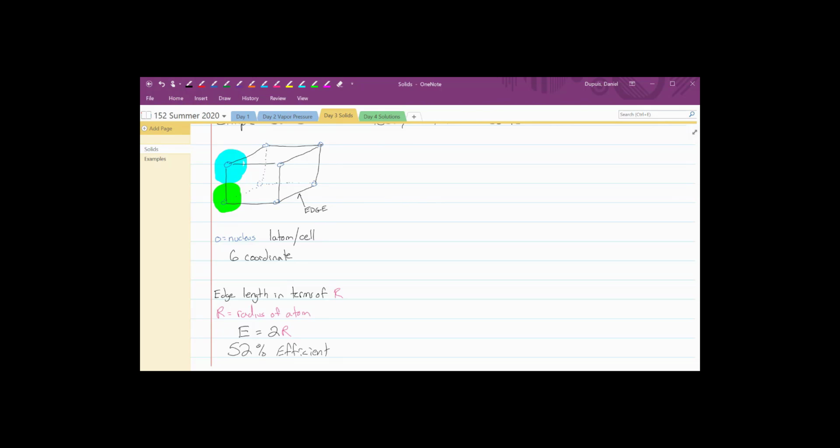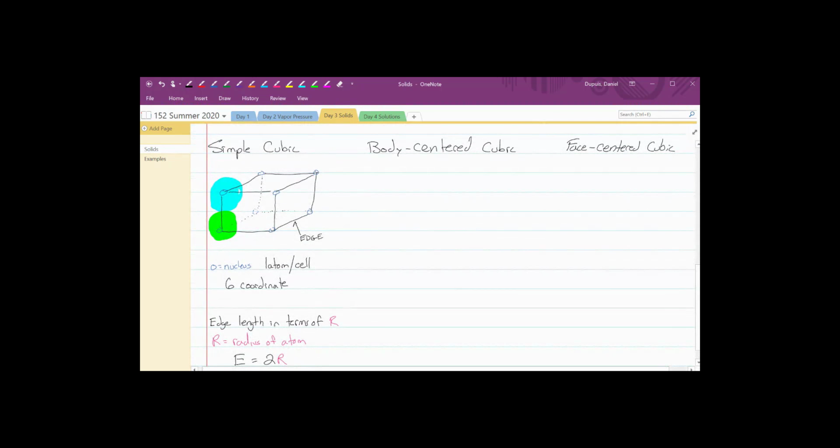All right. Now, body centered is going to look very similar with one little exception. We got atom, atom, atom, atom, atom, atom, atom. So I'm going to draw the same basic cube by nuclei here.